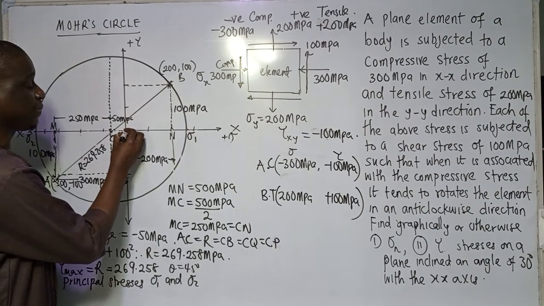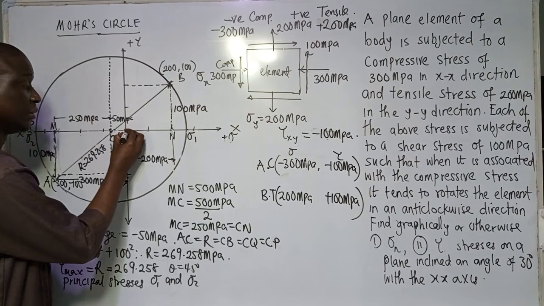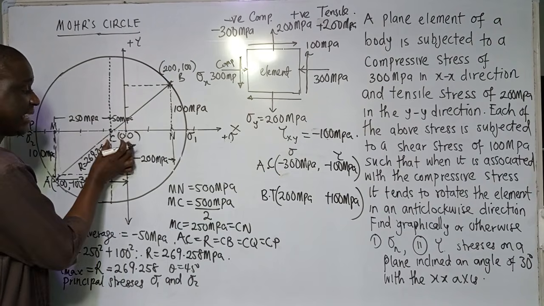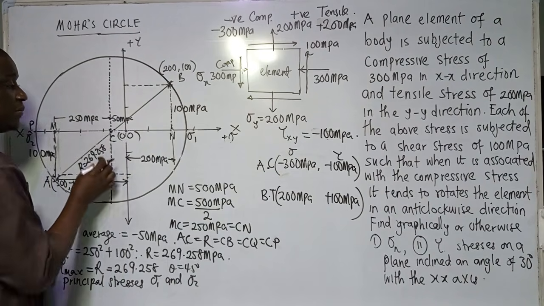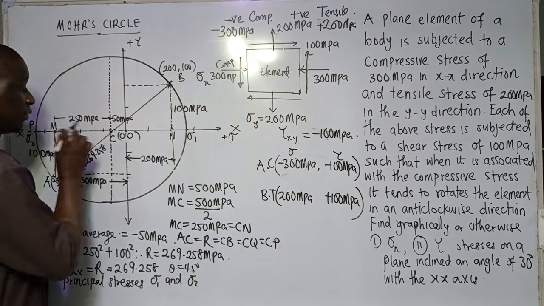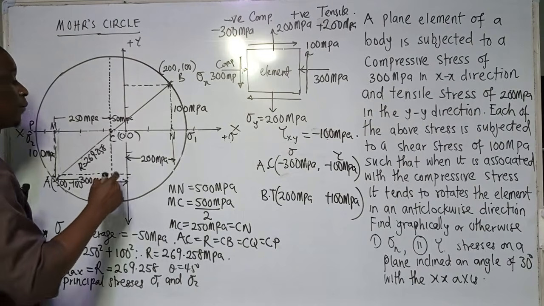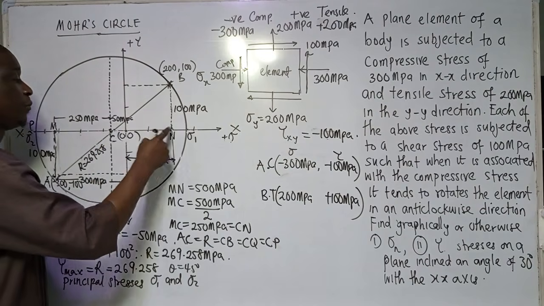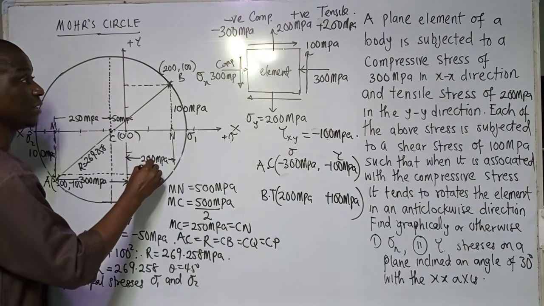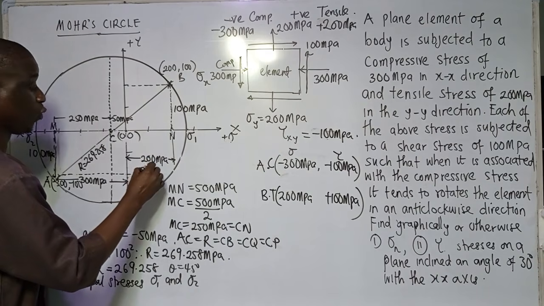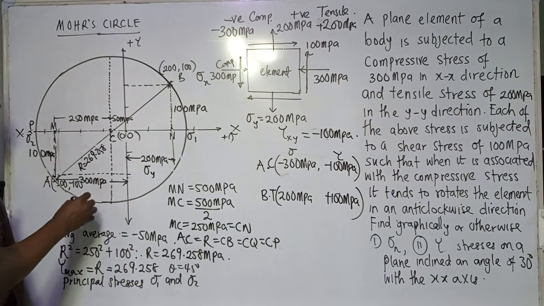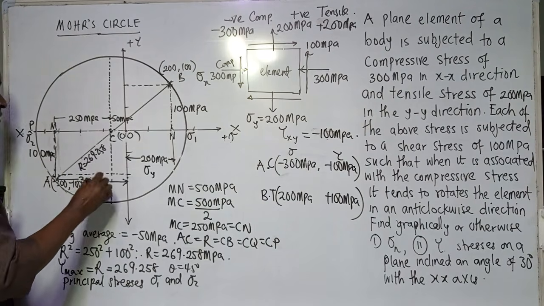Now, how do you get it? Your principal stresses are measured from the origin. This is the origin. But there is a shift in this particular one. So what is the shift now? First of all, we know from here to here, this is your sigma Y, while this one is your sigma X in this case.